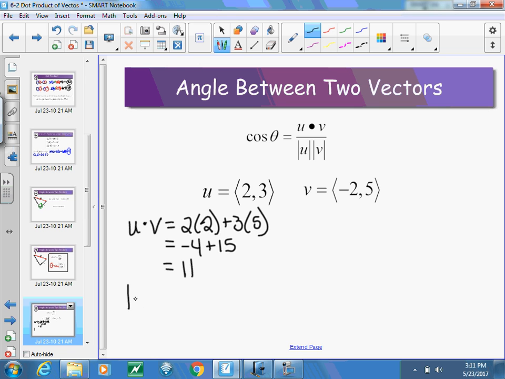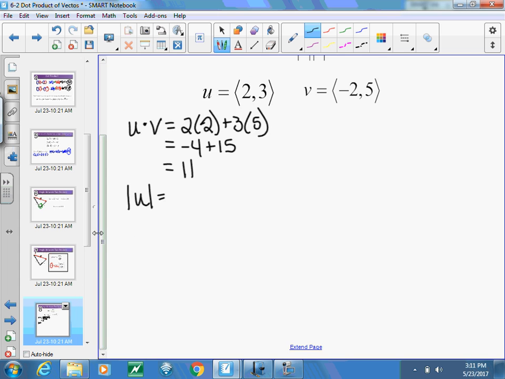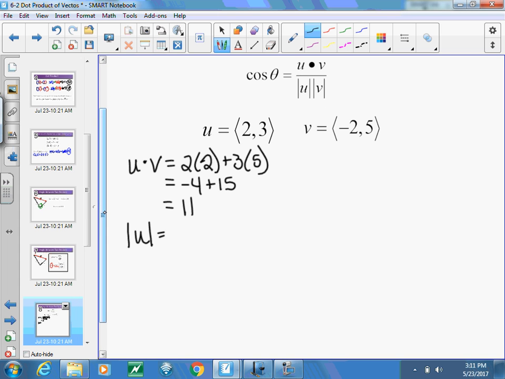Trying to find the magnitude of vector u. That's what we've been doing these past couple days, and that's really your Pythagorean theorem. So the square root of 2 squared plus 3 squared. 2 squared is 4, 3 squared is 9. So we've got 4 plus 9, and that's going to give me the square root of 13.